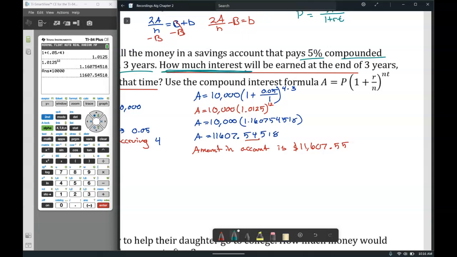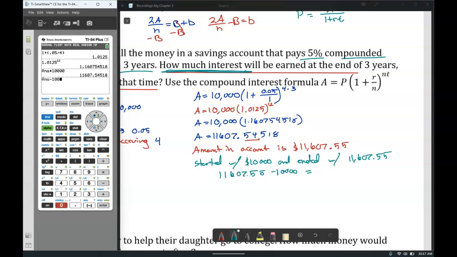Well, if we started with $10,000 and we ended with $11,607.55, if we find the difference between the two, then that will give us the amount of interest.